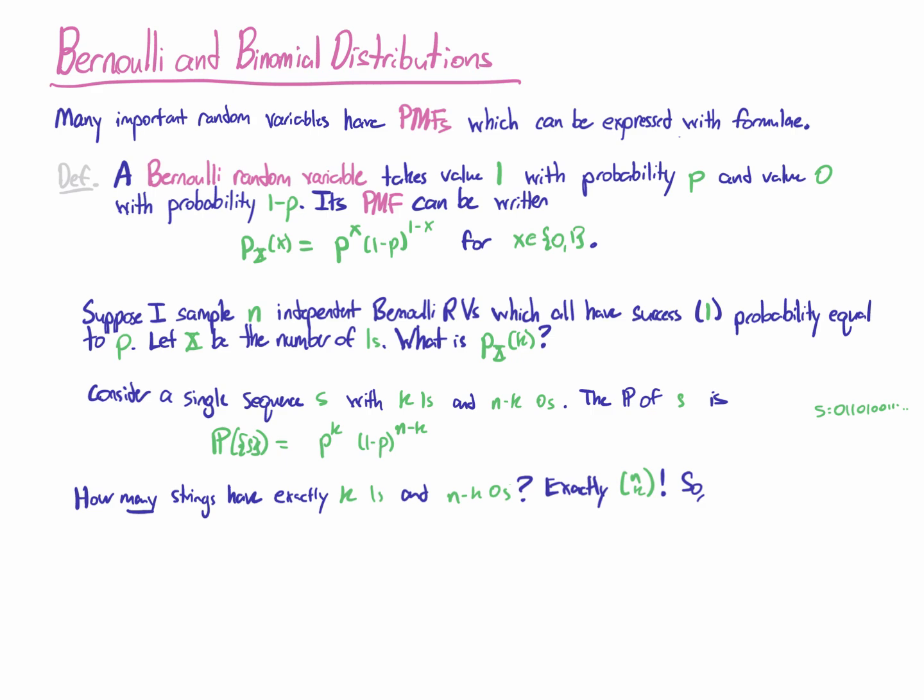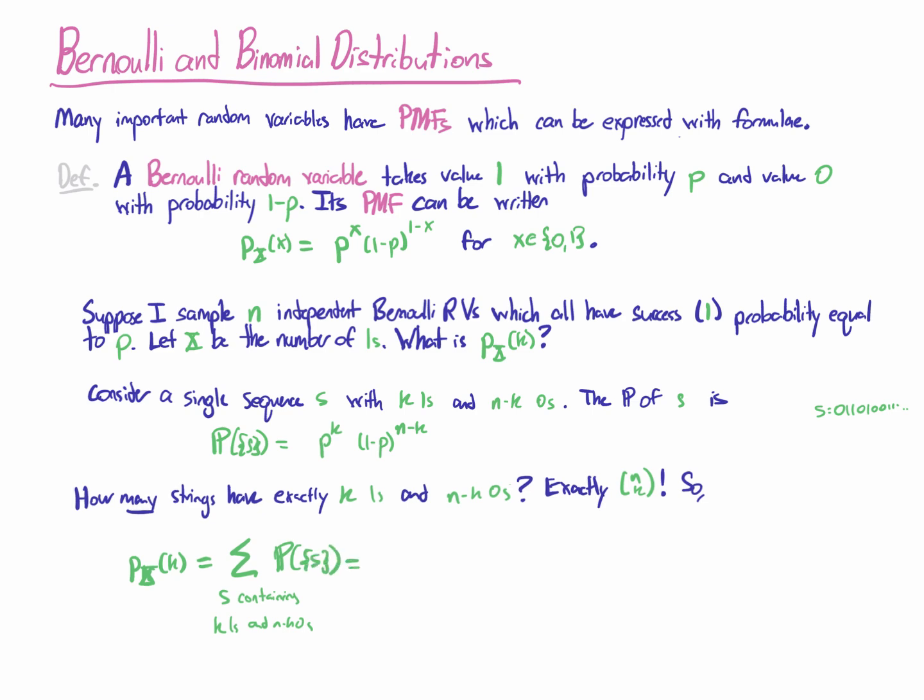So the probability mass function for X evaluated at k, the probability that we observe exactly k successes in these n Bernoulli trials, or k ones in this random string, is equal to the sum over all possible strings S containing k ones and n minus k zeros of the probability of that string.